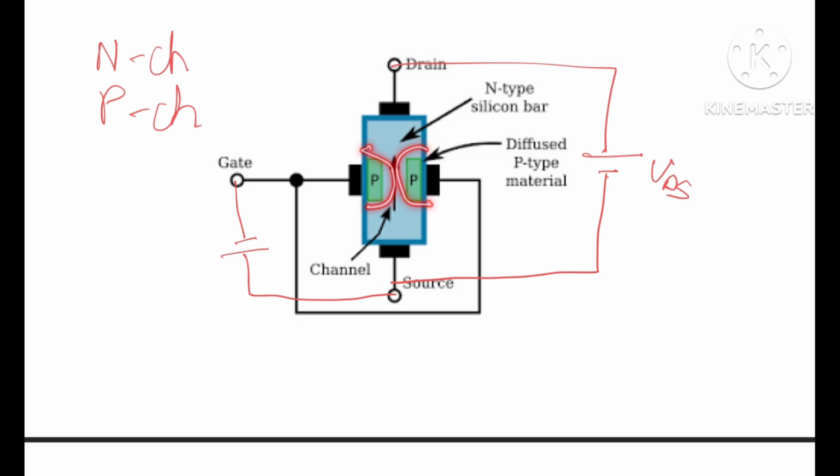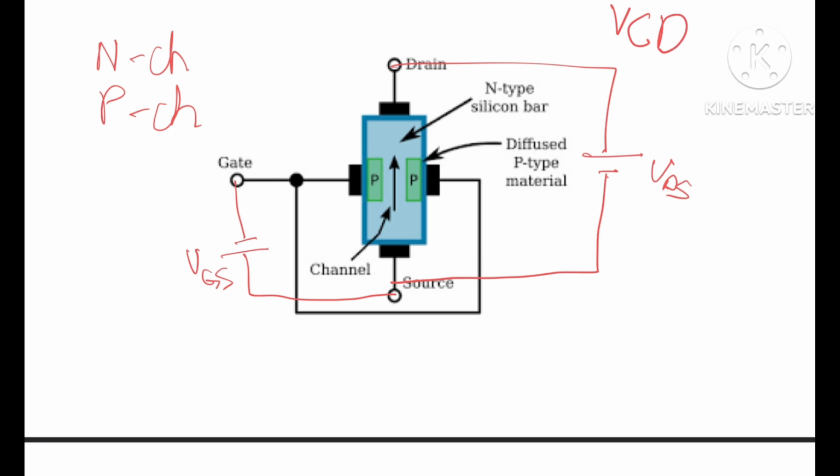So the drain is maintained at a higher voltage, and these P-type parts are given a voltage. We give a potential difference across gate and source. We will call it VGS. This potential is what controls a JFET. That is also why they are known as voltage control devices, because the voltage controls.